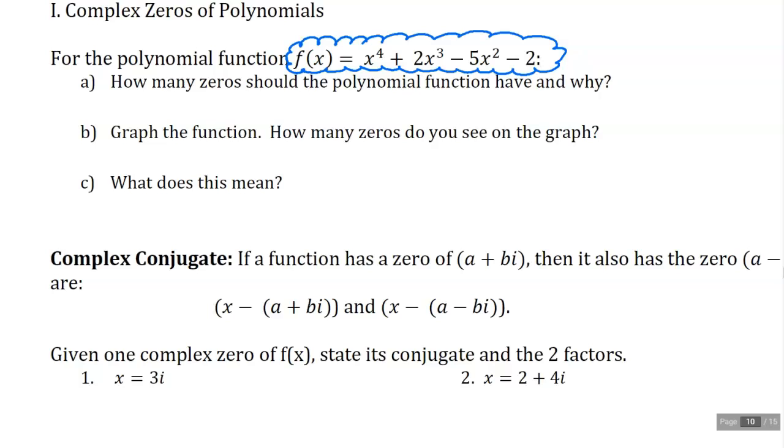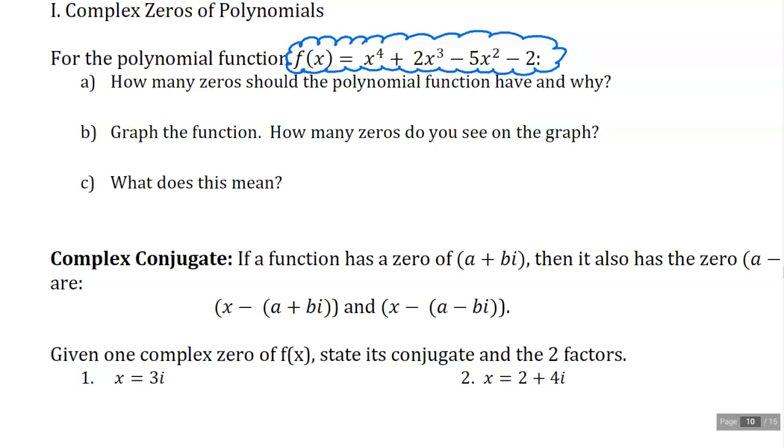Or you can think of it as factors of x. How many should it have? 4. Yes, 4. There are a maximum number of 4 zeros possible for this polynomial.